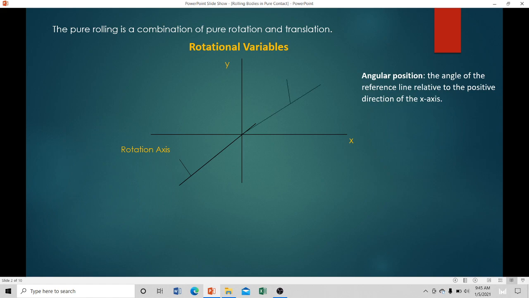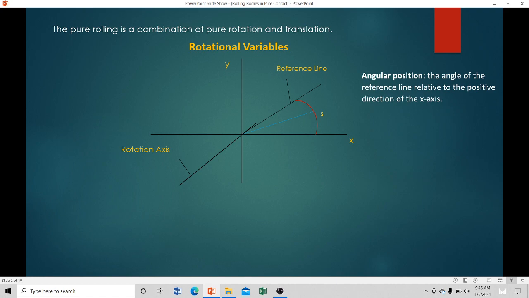So we have this linear reference line. If we rotate this rotation axis, we can get the position of this reference line by measuring with the positive x-axis.